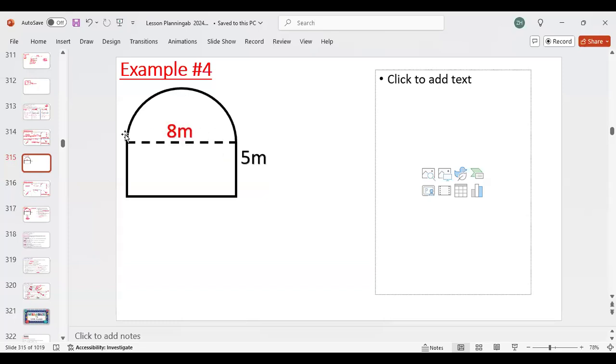The whole length is 8 meters. And 5 meters is only from this part to that part. Only this part is 5 meters. So basically the side of the rectangle is just 5 meters.